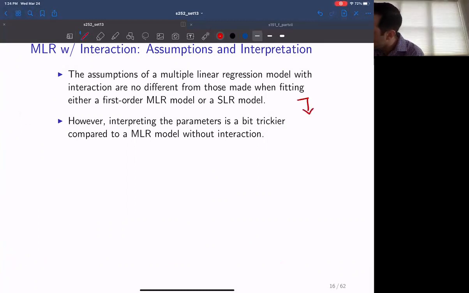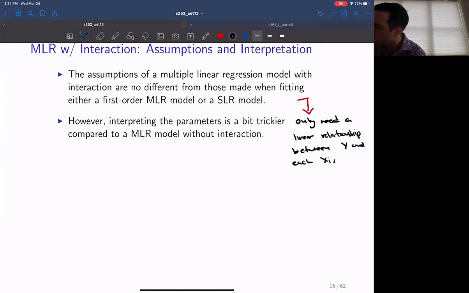Okay, so we only need a linear relationship between y and each xi, not the interaction.